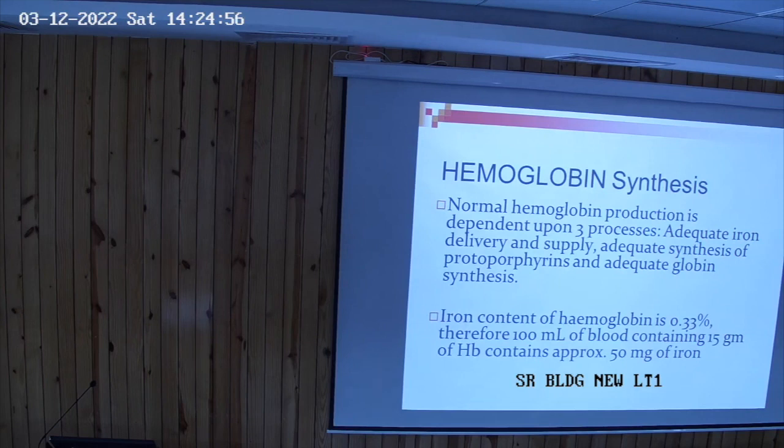So the main requirements are iron, protein, and porphyrin ring structure formation. Clear? These are the requirements for the formation of hemoglobin. So this is the iron content of hemoglobin, 0.33%. So if this is the requirement, 100 ml of blood containing 15 gram of hemoglobin contains approximately this much iron.